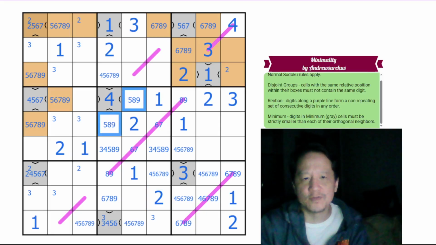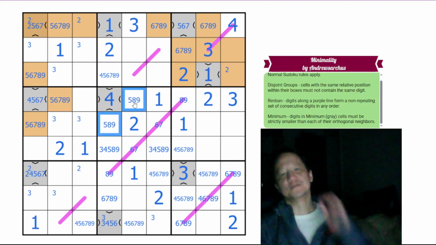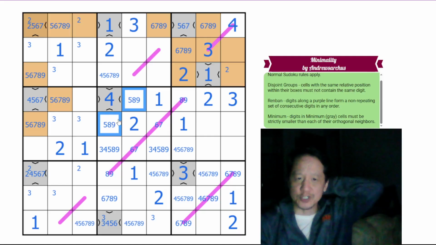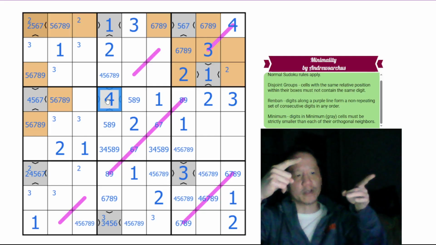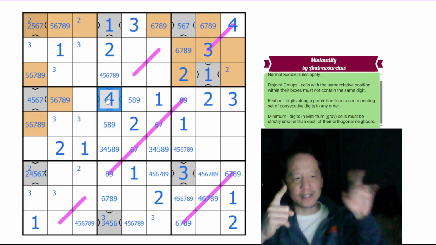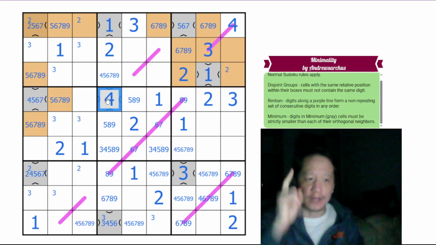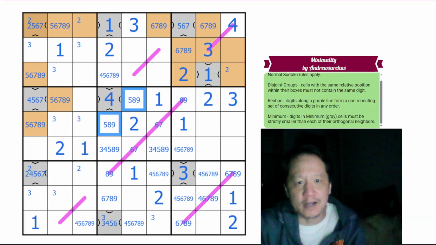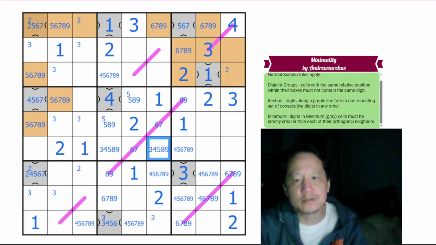4 eliminates 4 here. It cannot be an 8-9 pair, because if this were just 8 and 9 as a pair, the 7 in that position has to have an 8-9 surrounding it. The 6 has to have a 7 and one of 8 or 9 surrounding it. So that means this has to be 5 with 8 or 9. So this cannot be 4, 5, no 4, 5.